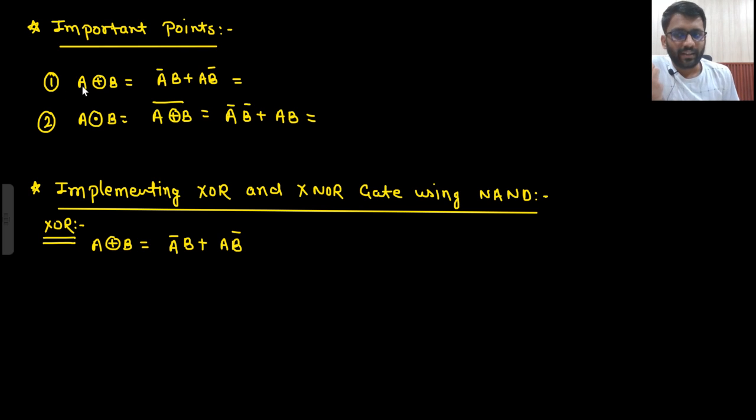You know this thing, right? A XOR B is A bar B plus A B bar. This can be replaced in another way. How can it be replaced? (A bar plus B bar) into (A plus B). If you solve it, what will you get?